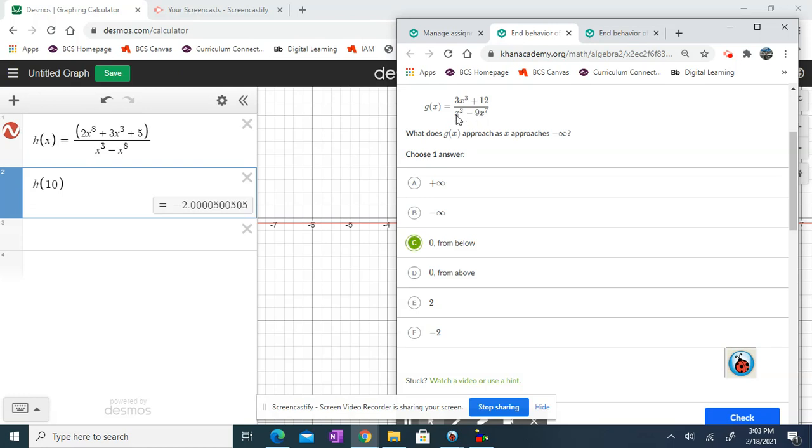And you can ignore that x squared because we're talking about big values of x, and that's not going to matter anymore. So when you put in a really big value here, you're going to get a negative, no matter how big. So the graph is doing sort of what this one's doing. It will approach the x-axis from underneath.